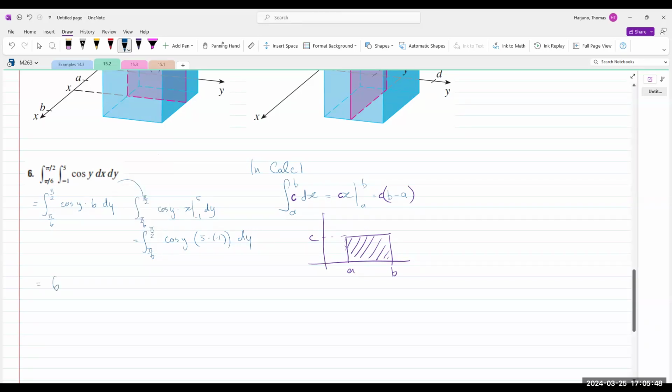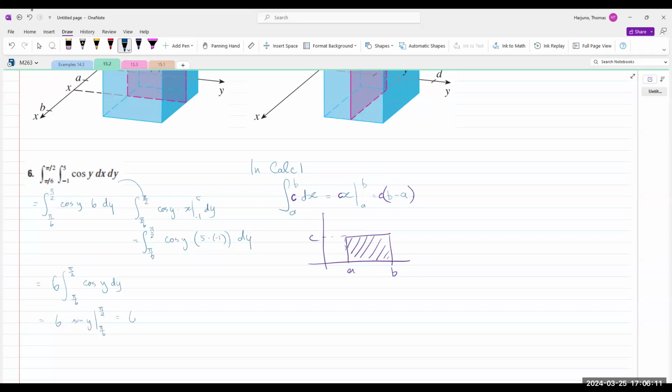We can pull the 6 out, and we basically just integrate cosine y from pi over 6 to pi over 2 with respect to y. That gives us cosine, oh no, not cosine, sine. The integral of cosine is sine y from pi over 6 to pi over 2.